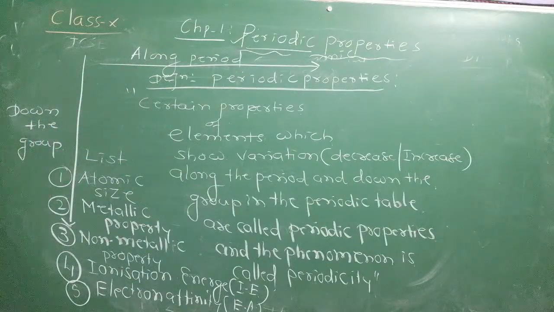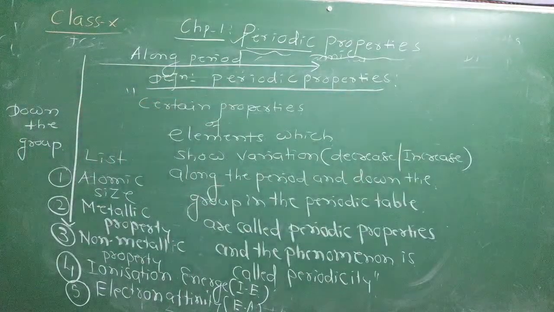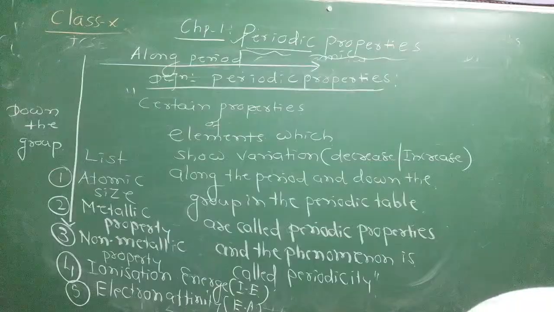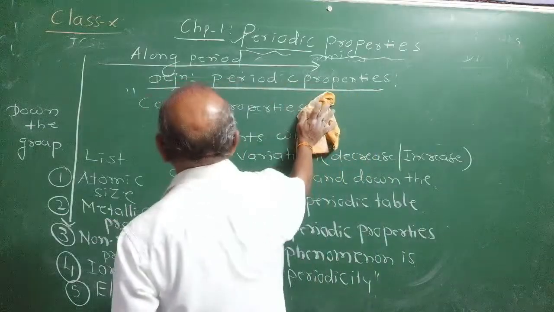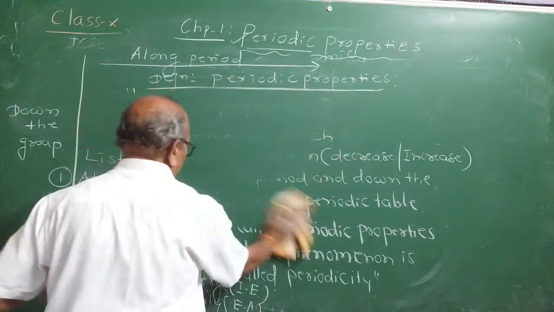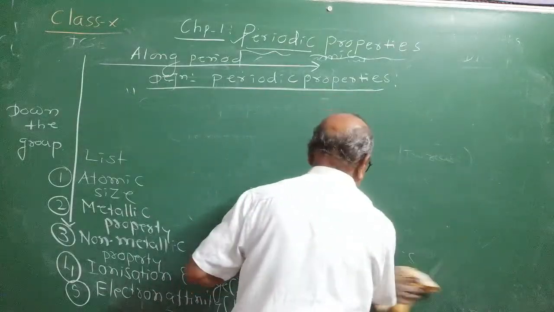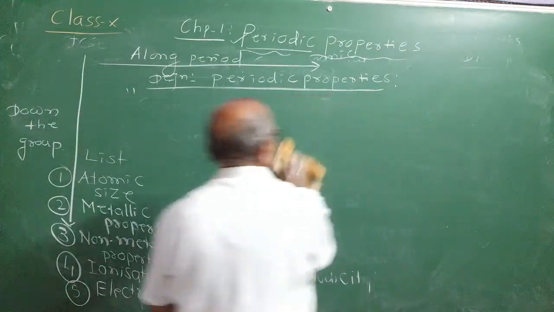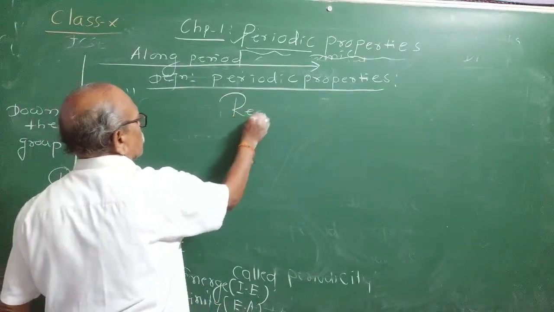We'll try to understand first. One fundamental reason is the cause of periodicity. See, if you look at the elements in the periodic table, think about what is common in all the alkali metals in a group, right?